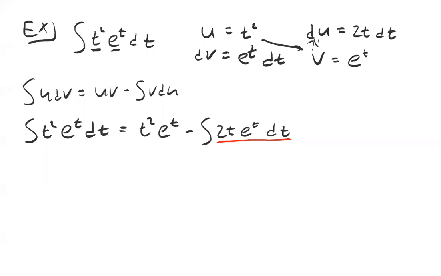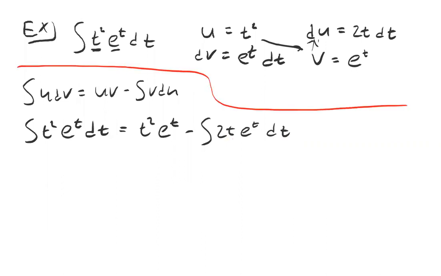I'm trying to get rid of this t here, because as soon as this t is gone, I can integrate e to the t. So I'm going to do integration by parts once more. I'm not going to change the letters I use for my variables, because it's harder to remember these things if you do. I'm going to pick u and dv again, only looking at this integral here.